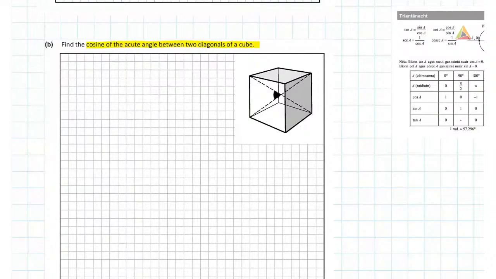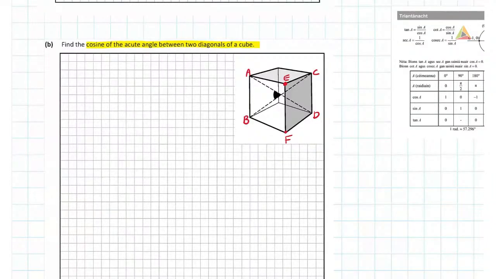Before I mark in the sides, I'm going to name some corners, name some vertices of this cube, so that it's easier for me when I'm running through the questions so that everybody can follow me. So I'm going to call this corner up here A, this one down here B, C, D, and I'm going to call this point right up here E, and this point right down here F. Again, it doesn't make a difference what you call them once you use the same labeling notation throughout your question.